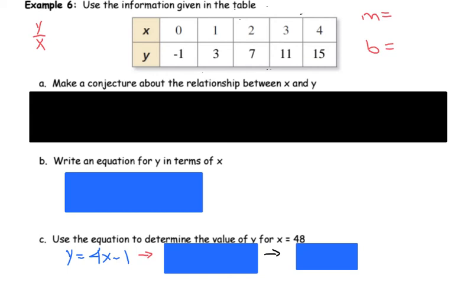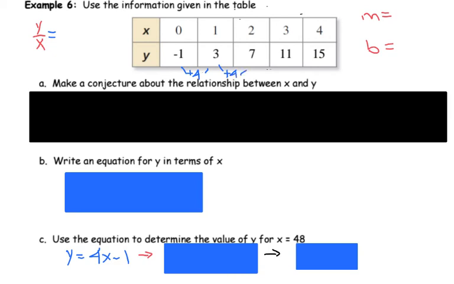So, I'm going to identify our slope, which is the change in y divided by the change in x. Basically, from -1, how are we getting to 3? Hopefully you notice that -1 plus 4 gives you 3. And that pattern should stay consistent throughout.